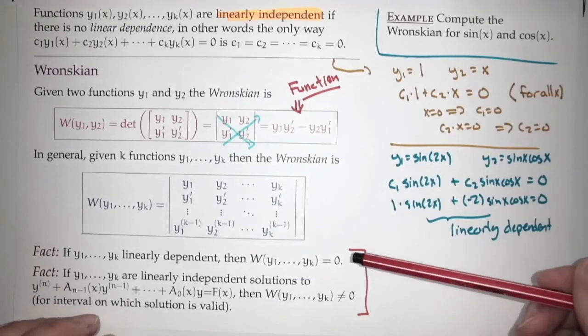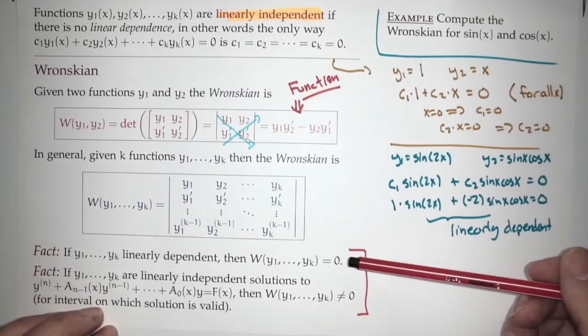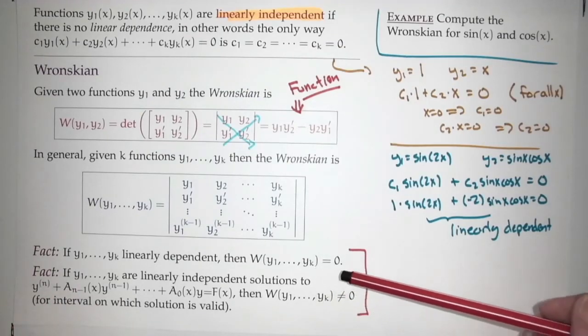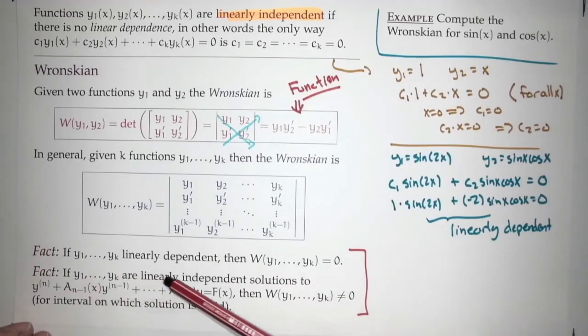This is a nice check. But there's another really nice fact: if I have linearly independent solutions coming from a linear homogeneous differential equation, I am 100% guaranteed that it's non-zero. So this is a great way for us to say, did we find our set of fundamentally different solutions that we need, or do we need to keep looking for more? The Wronskian helps us make that decision.